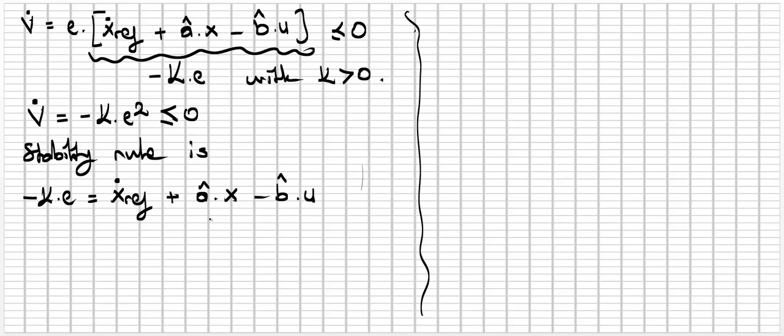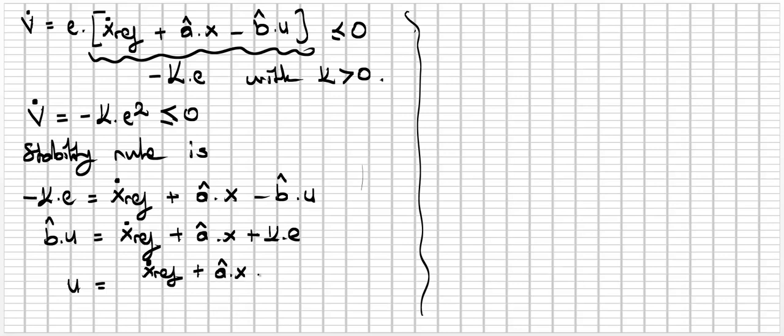If I push all the terms like this, b hat times u is equal to x ref dot plus a hat x plus k e, and so we have the u value: u is equal to x ref dot plus a hat times x plus k e, divided by b hat.